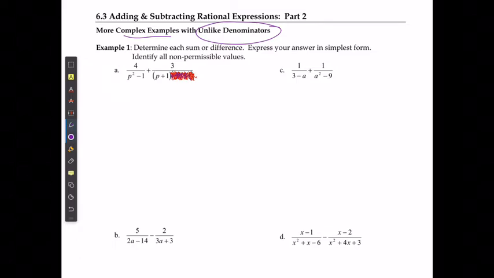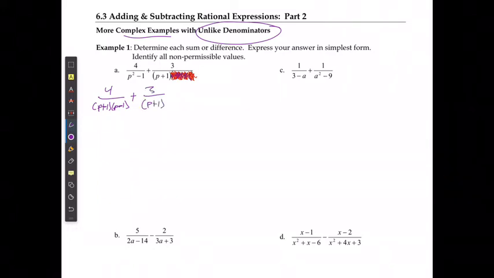And I'm going to state for the first step, I need to factor down the left-hand side because they're not totally factored. So I'm going to say that this is going to be the same as 4 over (p plus 1)(p minus 1) plus 3 over p plus 1.